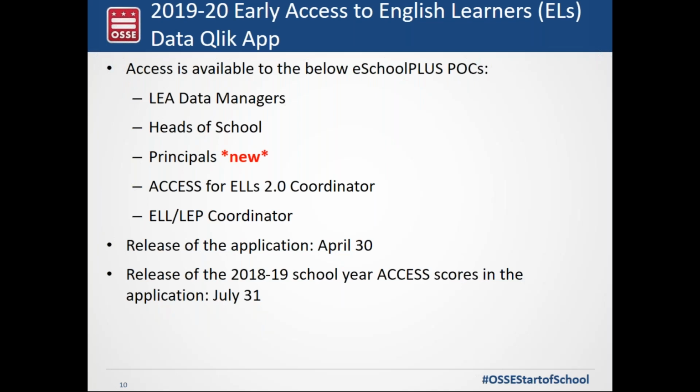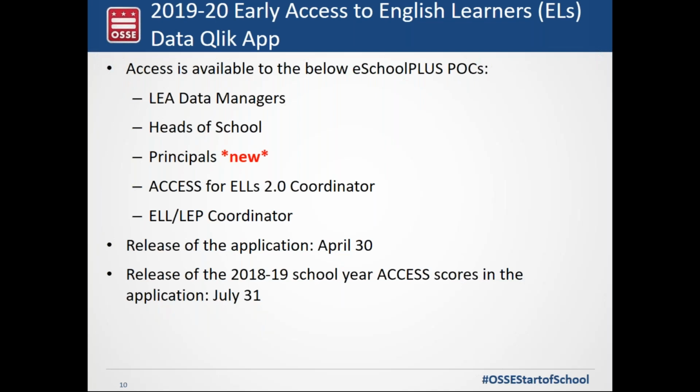In terms of who has access to the app, you can see the list here, and what's new is that access has been expanded to include principals. And the objective here is to make sure that relevant stakeholders have access to these data.